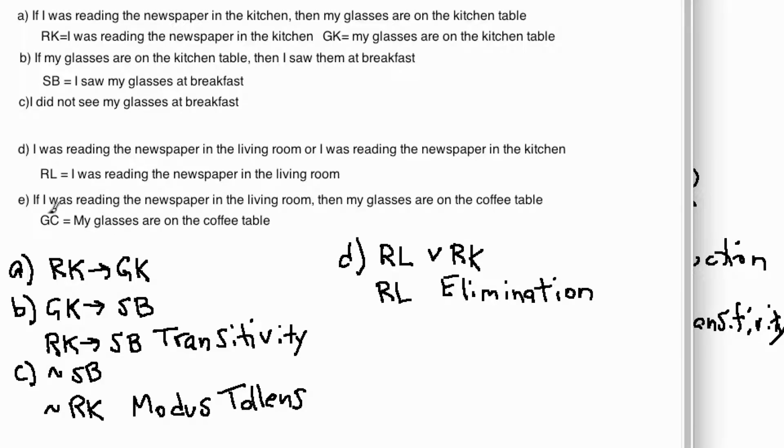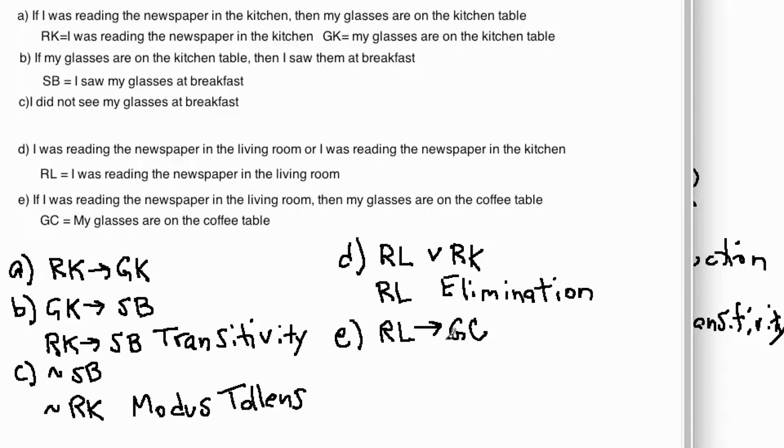And then I come over here. E says, if I was reading the newspaper in the living room, then my glasses are on the coffee table. So that statement E would be translated as RL, then GC. Okay, and notice what I can do over here.